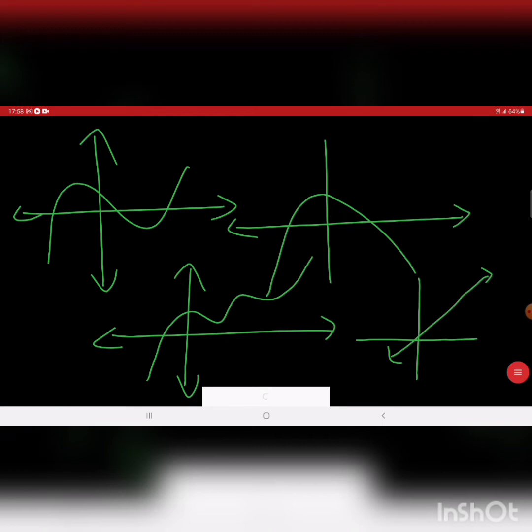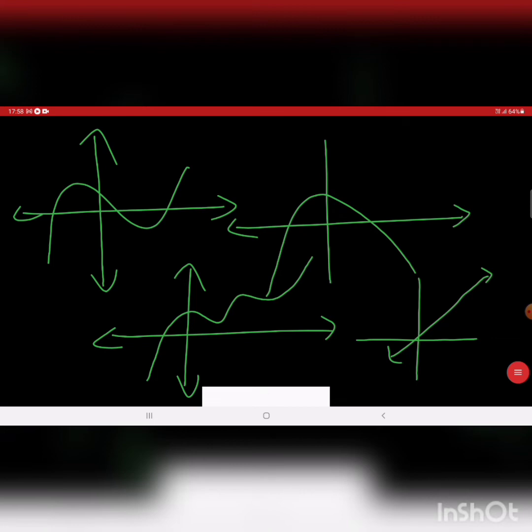So sometimes it may increase or sometimes it will decrease. Now the turning points make the whole domain into intervals.